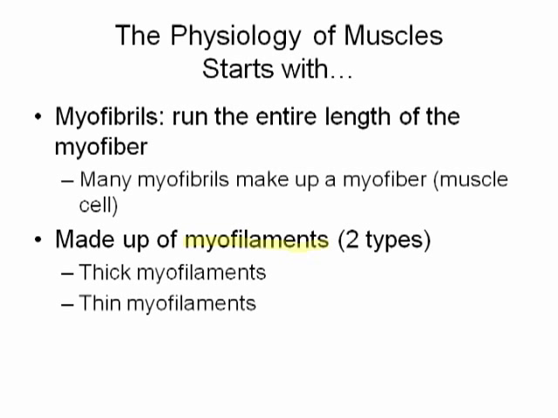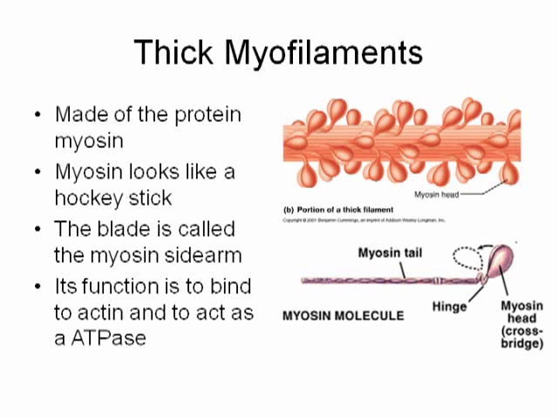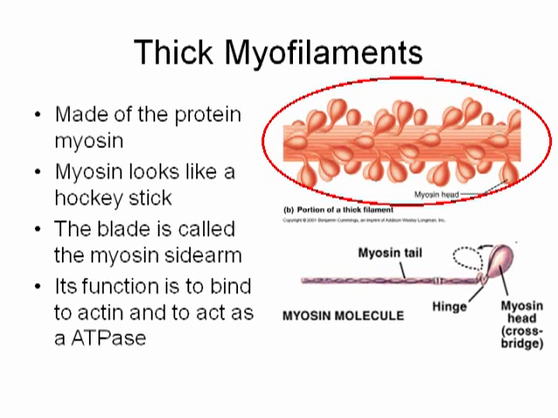And so again, within skeletal muscle, we have these myofilaments, and 2 types, both thick and thin myofilaments. What you are looking at currently is thick myofilaments. And in fact, this image right here is typically what a thick myofilament looks like.